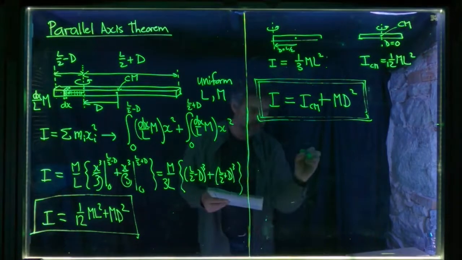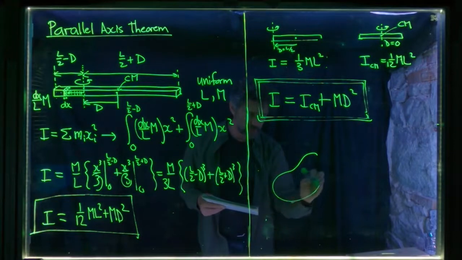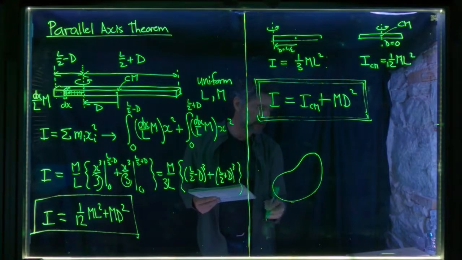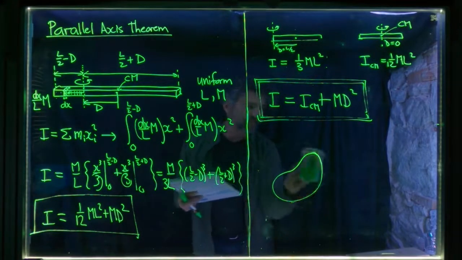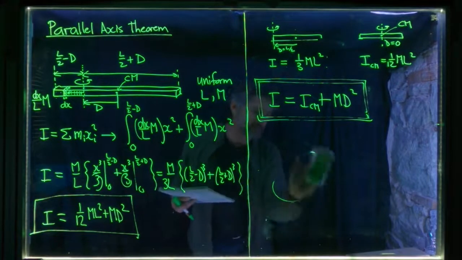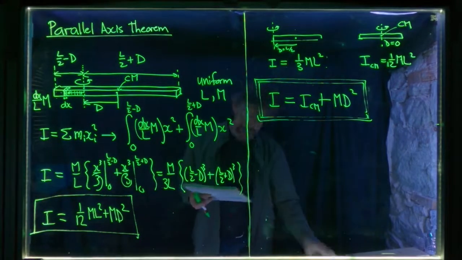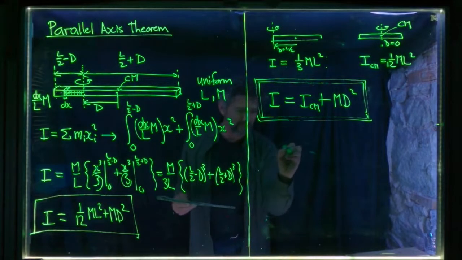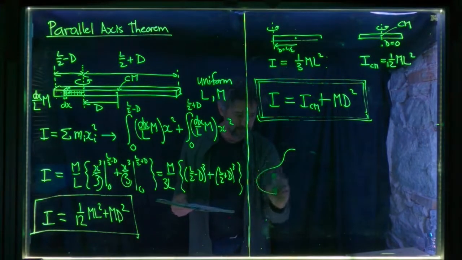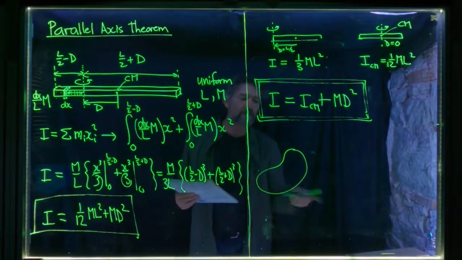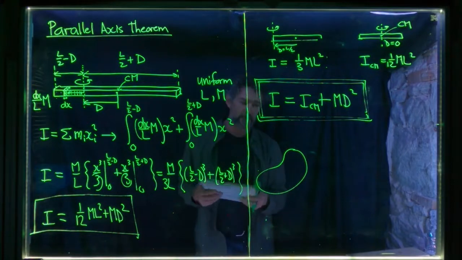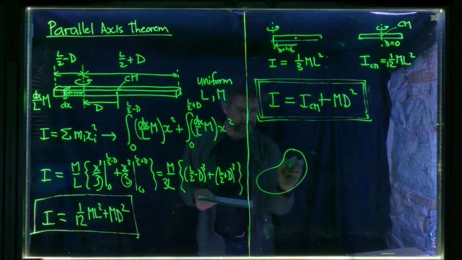Sorry, space is always an issue. Let's move this thing over here a little bit, because we've got to draw 3 of them. So this is the original situation, and the center of mass is located here, let's say.